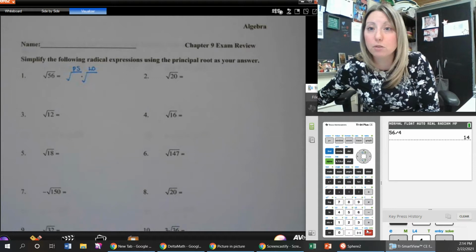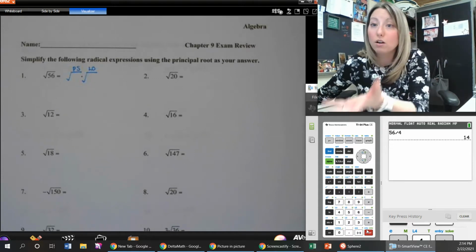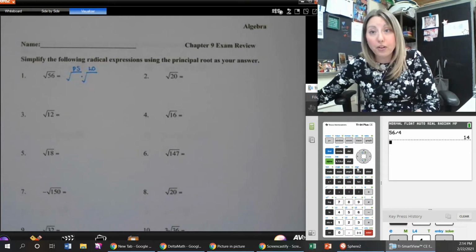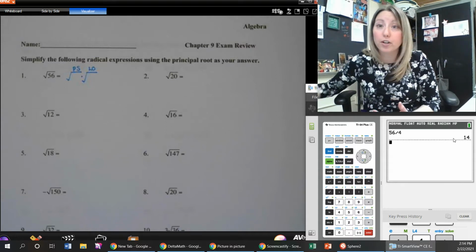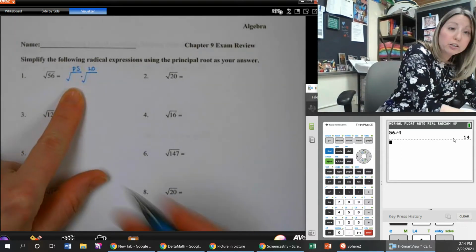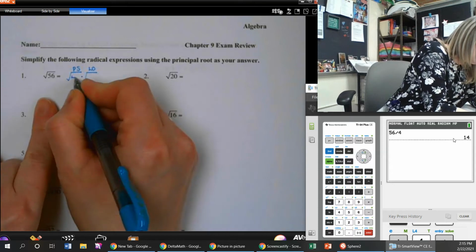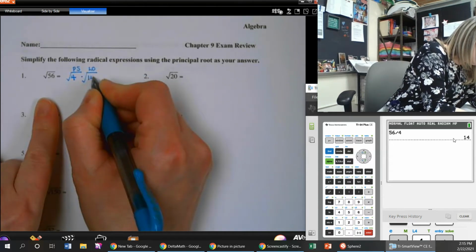56 is evenly divisible by 4. What's the leftover? 14. Now think about the leftover itself. Can 14 evenly divide by any perfect squares? Oh, so that's a good leftover. Okay, you found the biggest perfect square that divides evenly into 56. The leftover is 14.